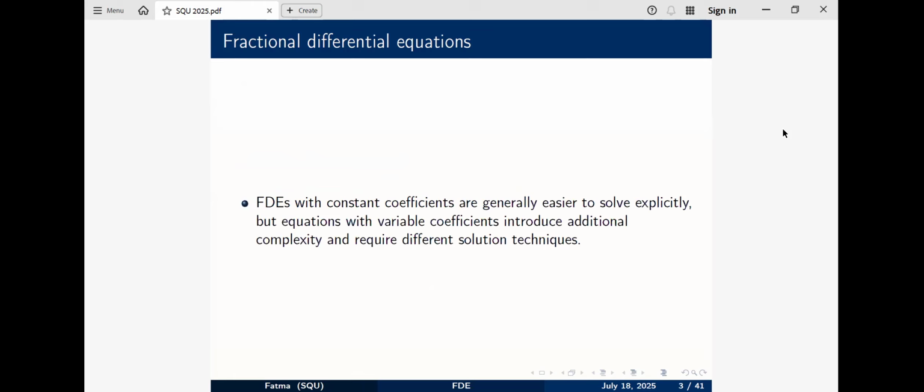They are generally easier to solve than equations with variable coefficients, because variable coefficients introduce additional complexity and require different methods and techniques for finding the solution.